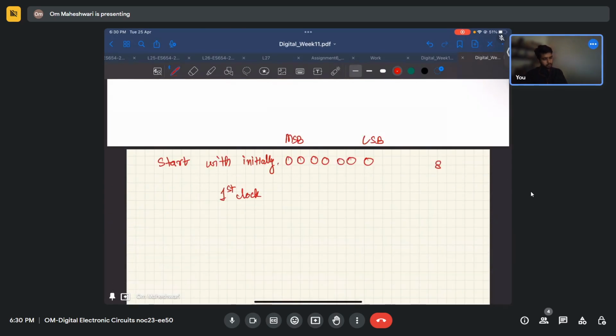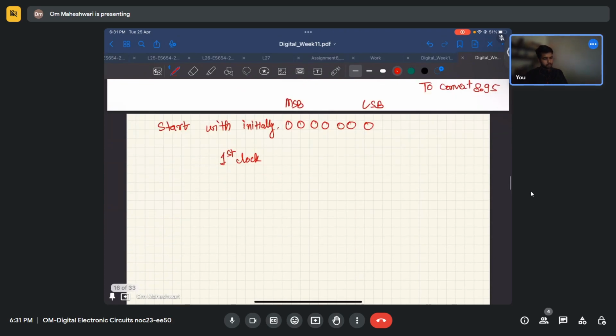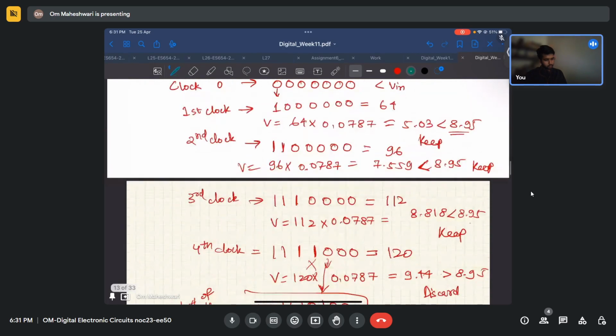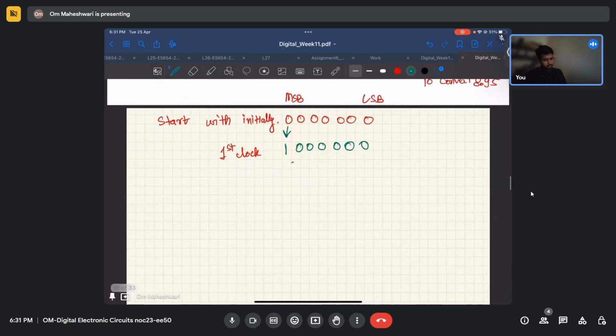So you start with the MSB and change its bit to 1, that is 1, 0, 0, 0, 0, 0, 0. Now this is how much? 64. This represents 64 in decimal.